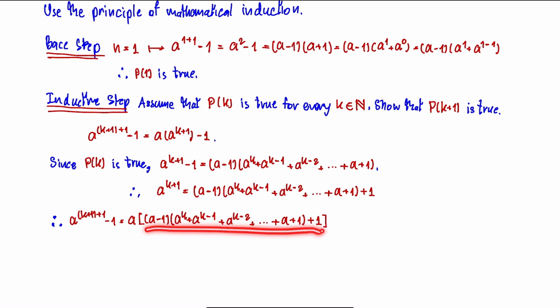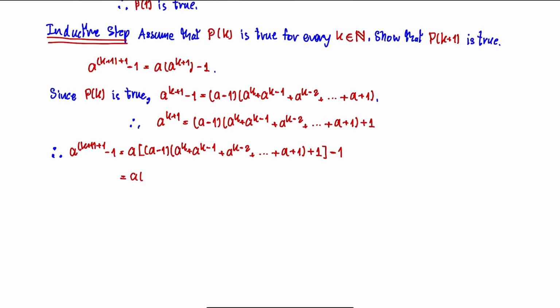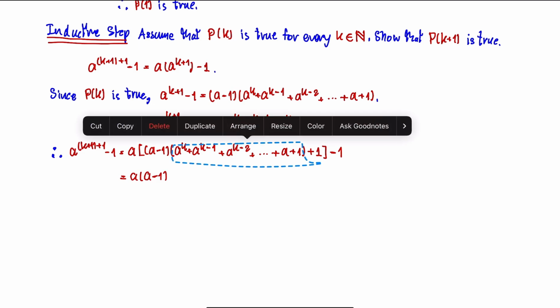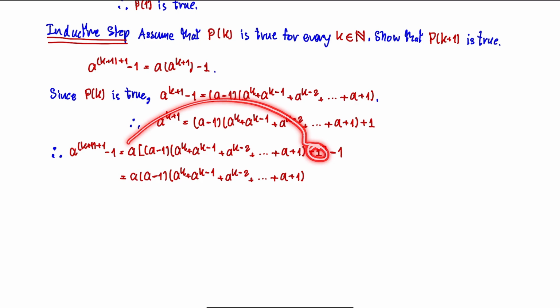Once you substitute, do not forget to have the minus 1 here, because this term is just the one inside this bracket. Now we distribute this a, so we've got a times a minus 1 times this term.